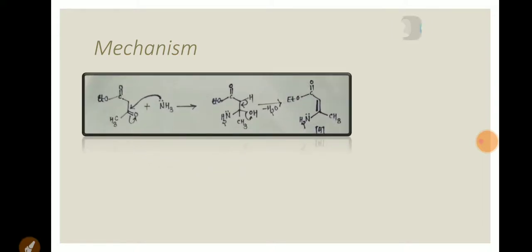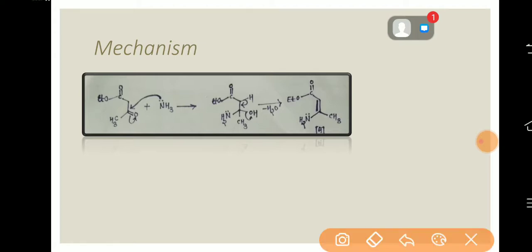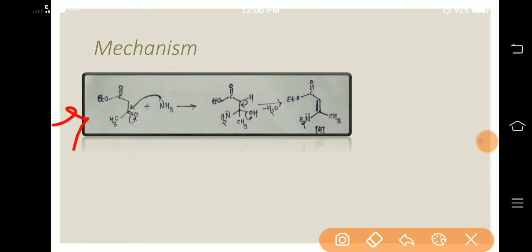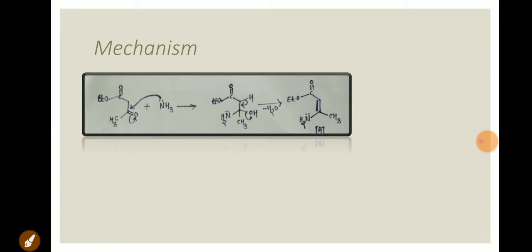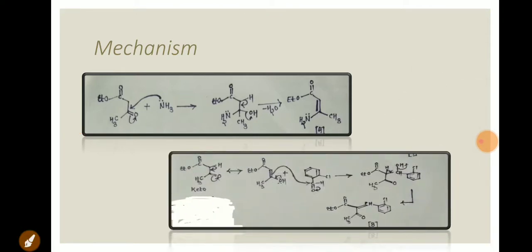Again here is the mechanism of this second application. In the initial step, nucleophilic attack of the lone pair of electrons on the nitrogen leads to the formation of this product A, that is an alpha beta unsaturated carbonyl compound.